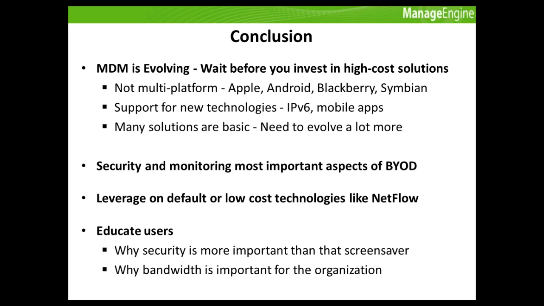Or maybe mobile applications. They don't specifically give you the list of applications being used. They just tell you Android is using so much bandwidth, or BlackBerry is there in your network and sending out so much traffic, but no other information. And if it's IPv6, maybe they don't show it at all, because they just cannot collect IPv6 information.